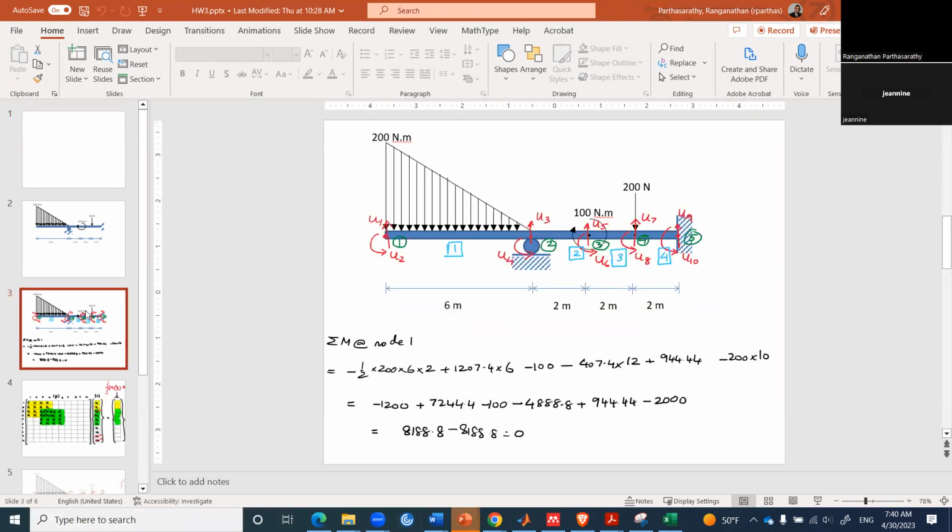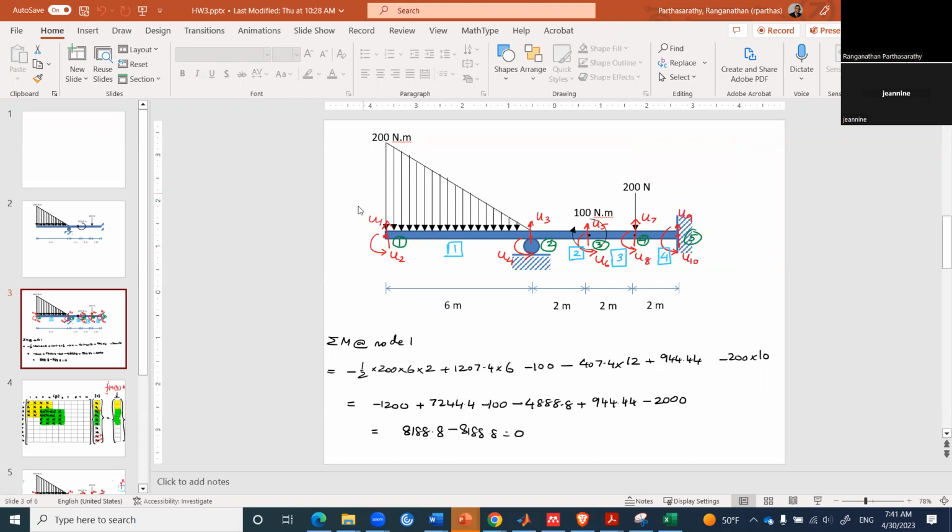So you remember, what you do is you first mark out the global degrees of freedom. So one vertical displacement and one rotation at each node, right? U1, U2, U3, U4, U5, U6, U7, U8, U9, U10.